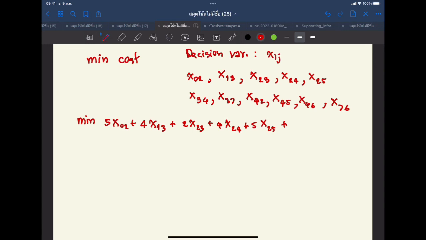The next one is x3: we have 1 of x34 plus 2 of x37.